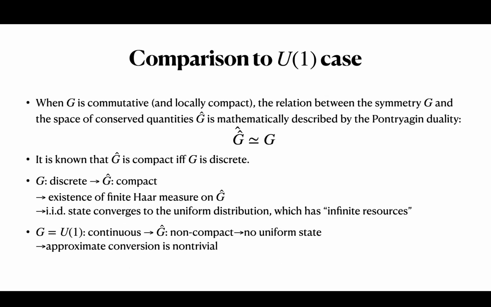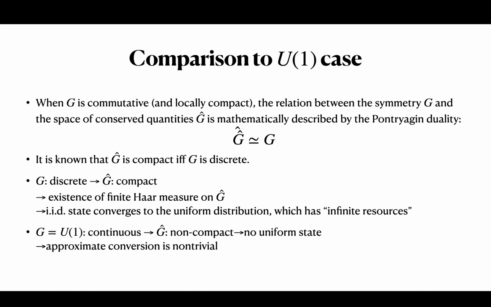And we compare this with the case of U1. Mathematically, it is known that when G is commutative and locally compact, the relation between symmetry G and the space of conserved quantity G hat is described by the so-called Pontryagin duality. And it is known that G hat is compact if and only if G is discrete. This means that when G is discrete, G hat is compact.